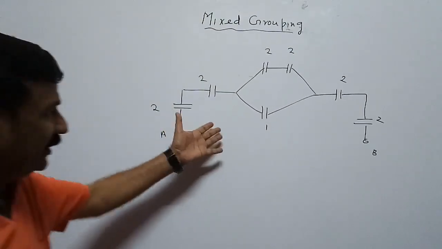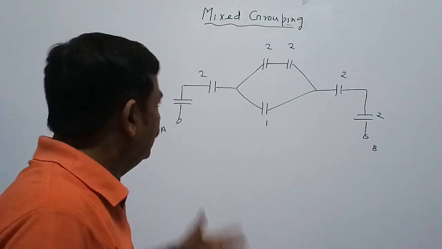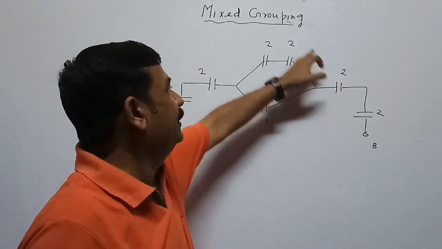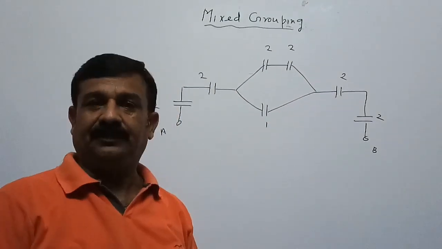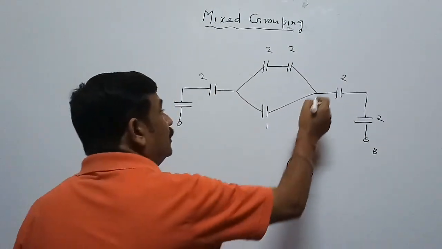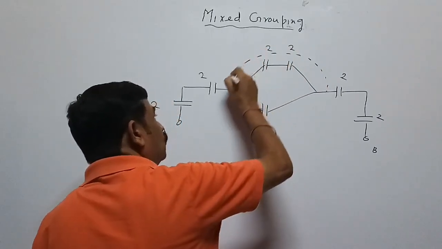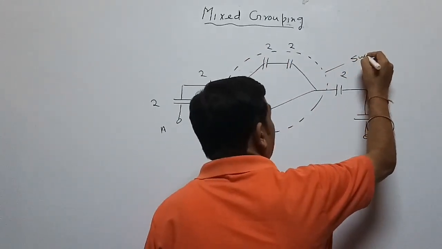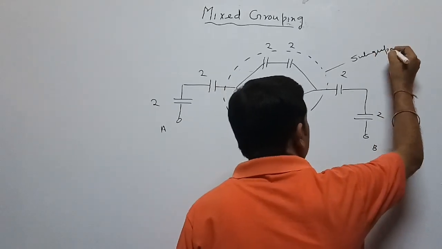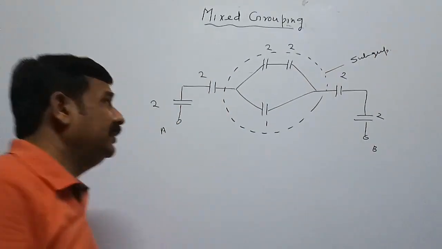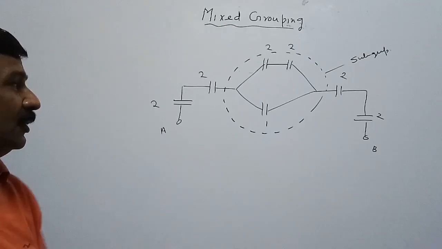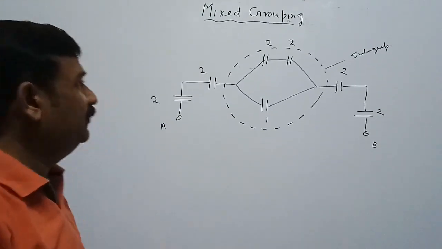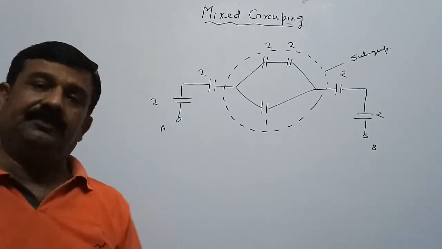You can see this figure and you can tell that in this circuit these capacitors are connected in a special way with each other. It is called a subgroup, because in this group the capacitors are connected with each other in a special manner. So when we find the net capacity of the mixed grouping, first we see how many subgroups are there.